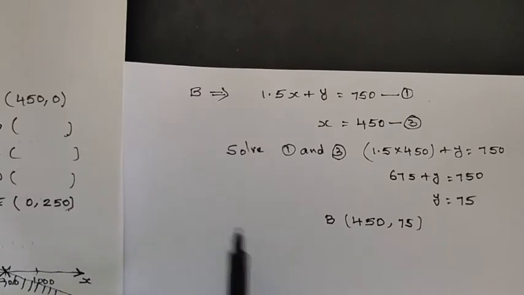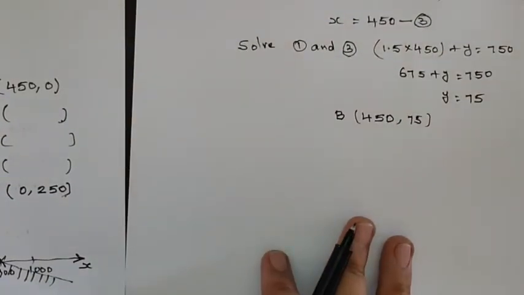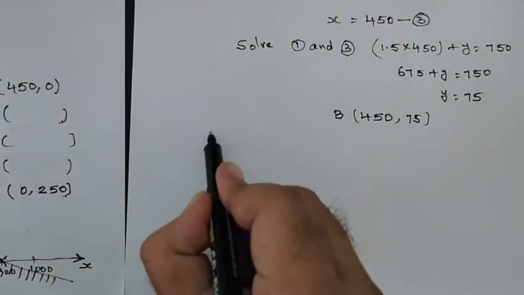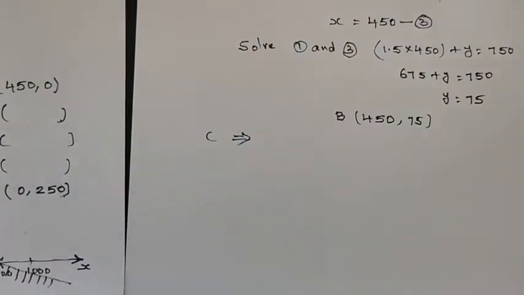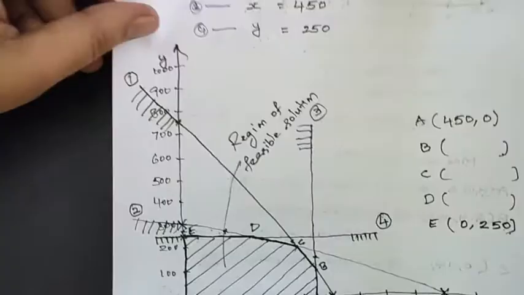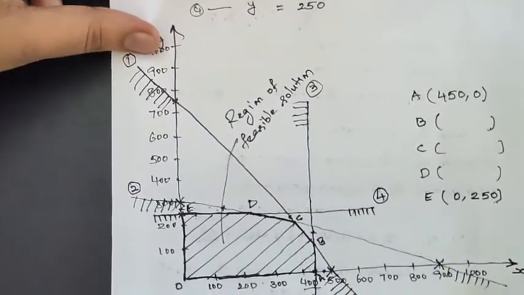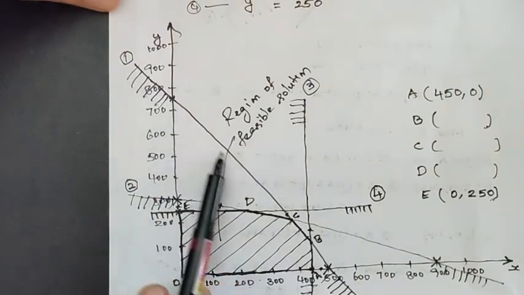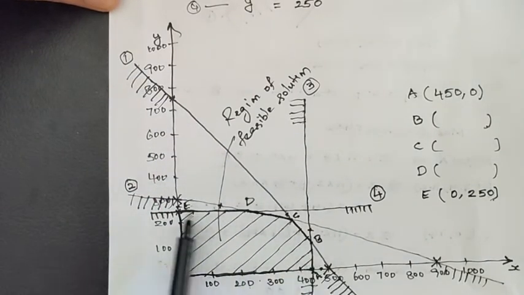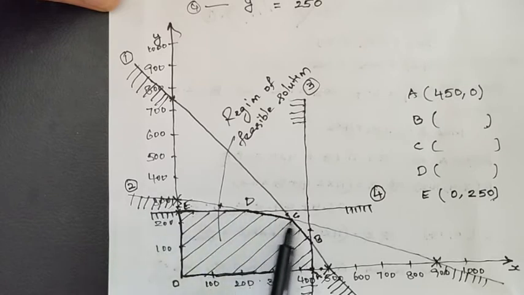And next I require the value of C. So how to get the value of C? If you observe the graph, point C is formed because of the intersection of line 1 and line 2.